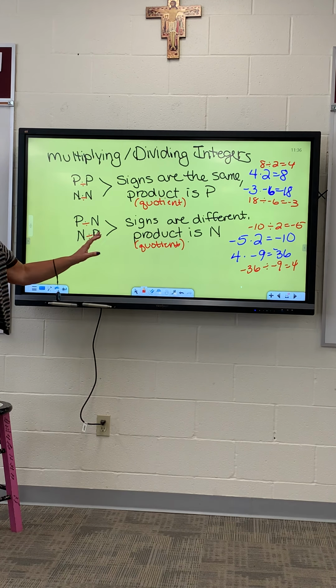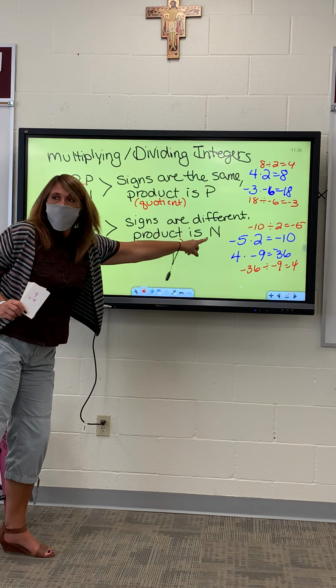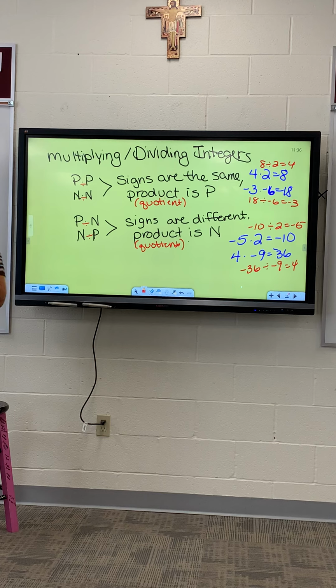Are the signs same or different? They are different. 36. So what's your full answer? Negative 36. Signs are different, so the product's negative.